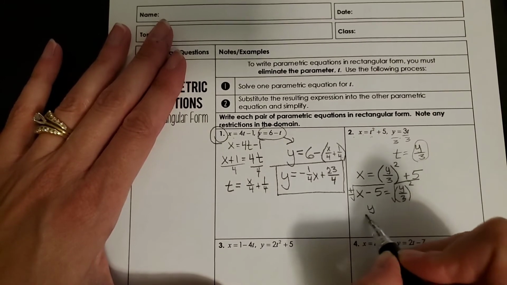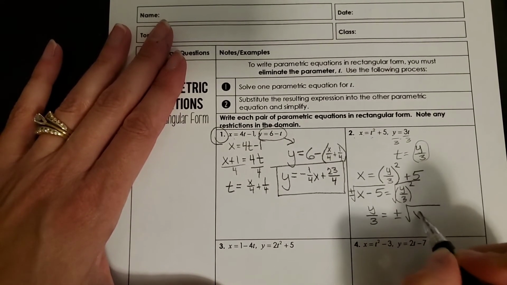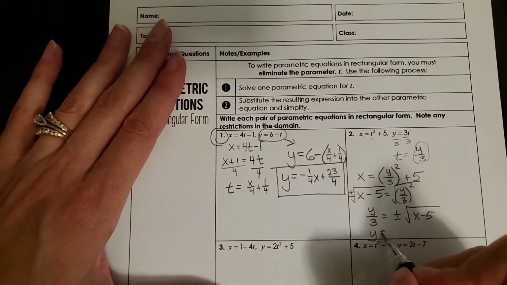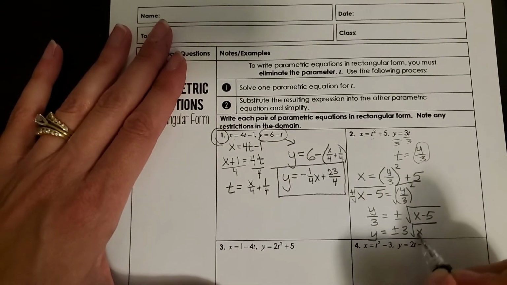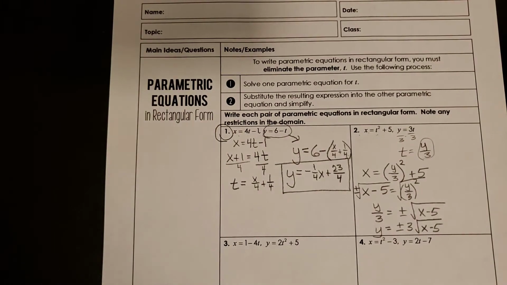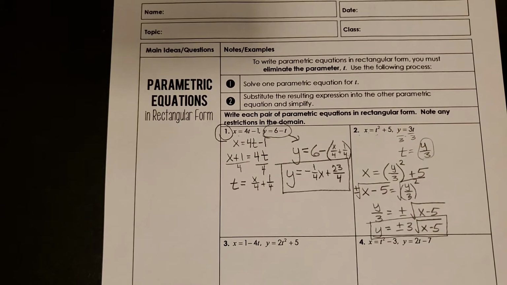So y over 3 is going to equal plus or minus the square root of x minus 5. And then I'll multiply both sides by 3. So plus or minus 3 times the square root of x minus 5. And this would be our rectangular form.